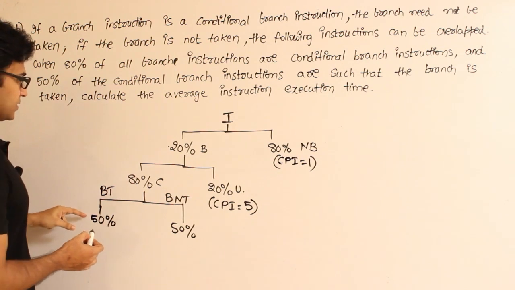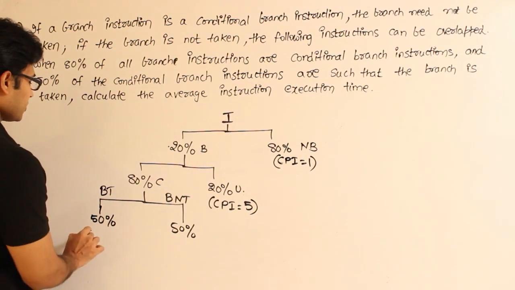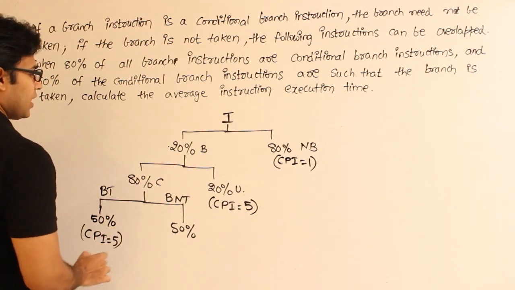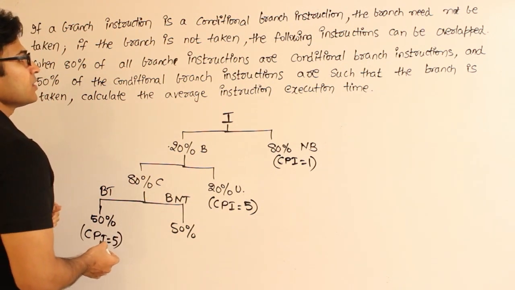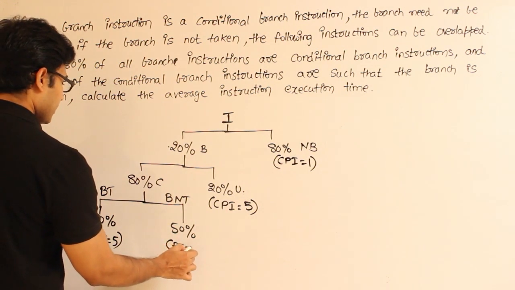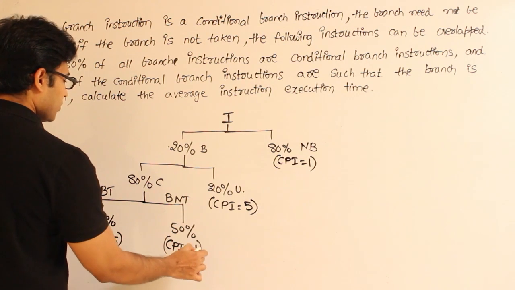Now when the branch is taken, because of the penalty, here also we have to pay 5 clocks per instruction. But when the branch is not taken, there is no penalty, we can run with overlapping, therefore CPI equals 1.